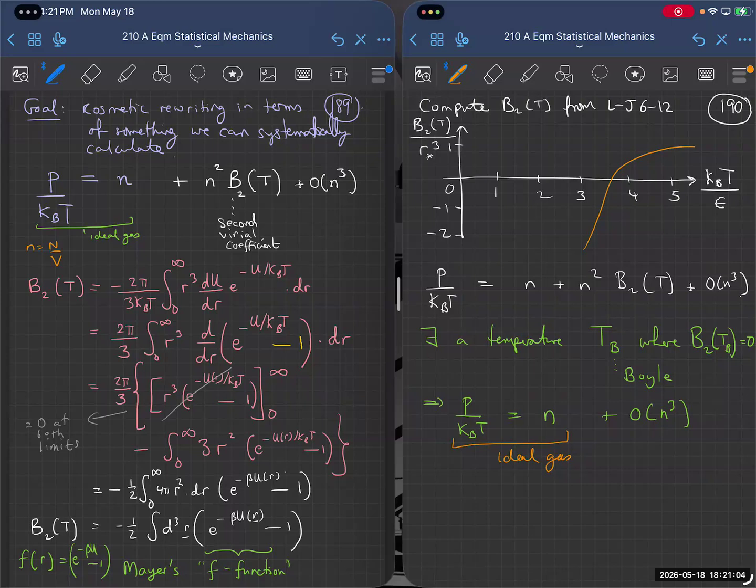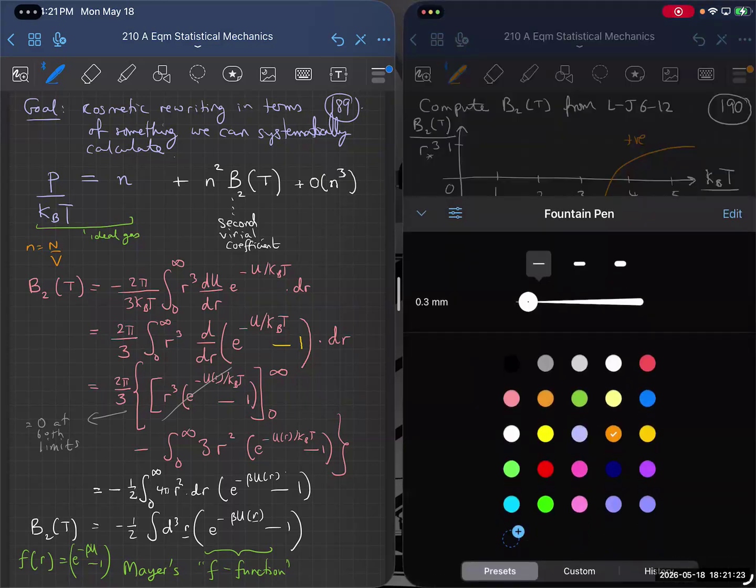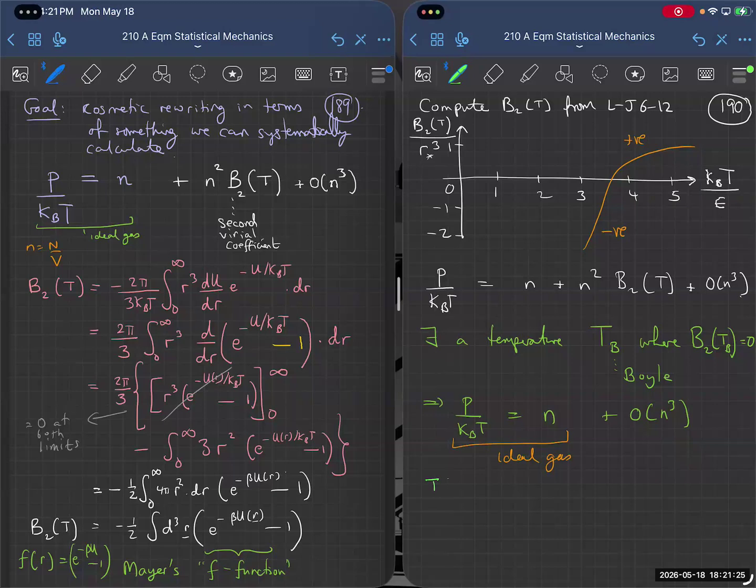When B is negative, then the pressure is lower. When B is positive, the pressure is higher. So that's what happened. Here it's positive, here it's negative, and so for temperatures greater than TB, the gas is harder to compress.